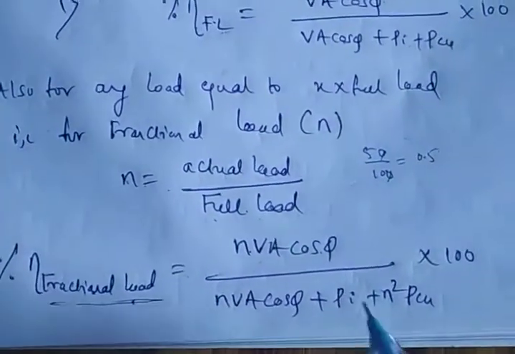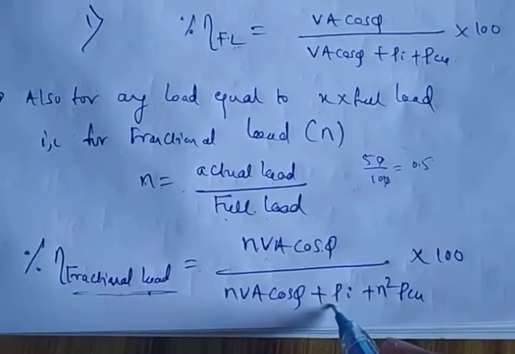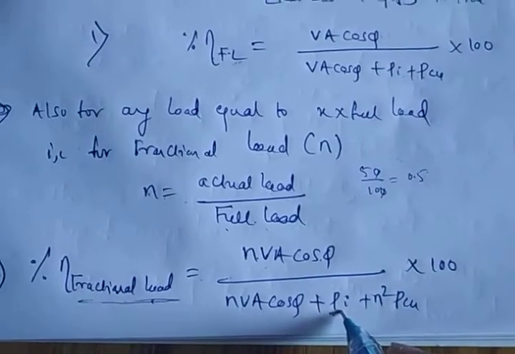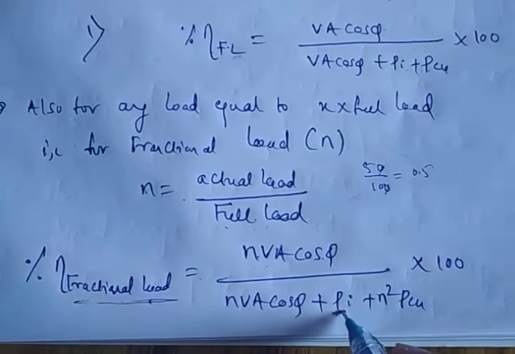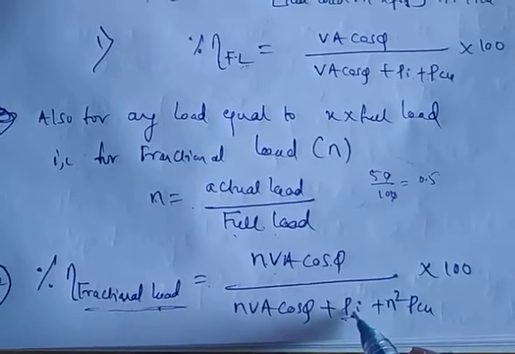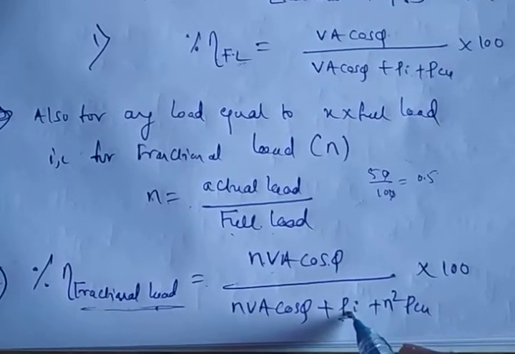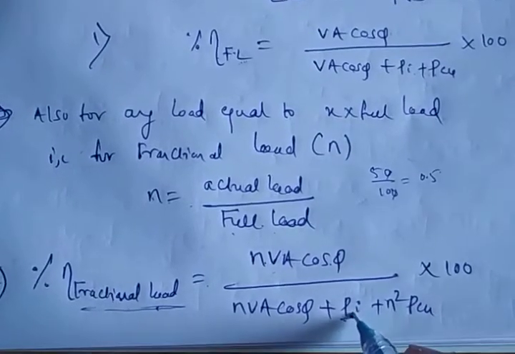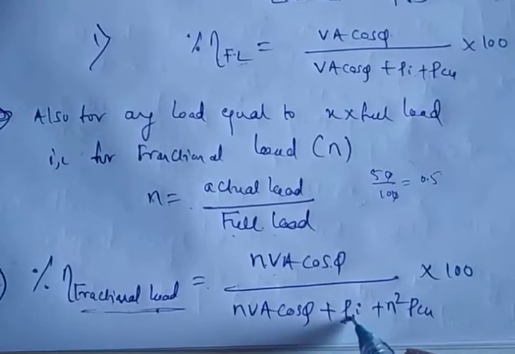Dear students, it is very important that Pi, the iron losses, are also called constant losses. They are not dependent on the current, meaning they are not dependent on the load on the secondary side. Whatever the load is, 100% load or 50% load, Pi is constant.